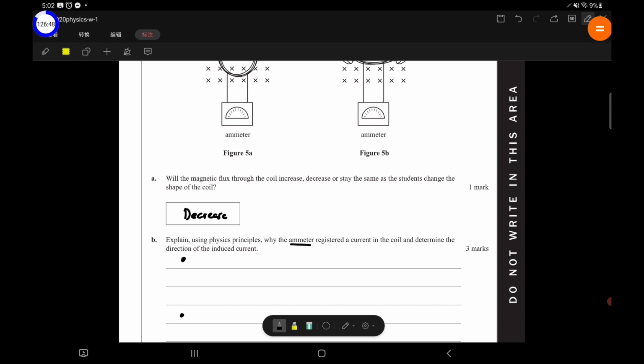So why does the ammeter register a current, and what is the current itself? All right, the first part of the question can be answered using Faraday's law.